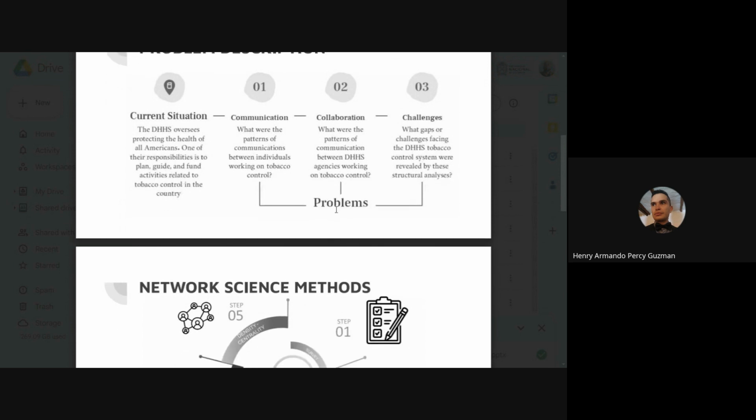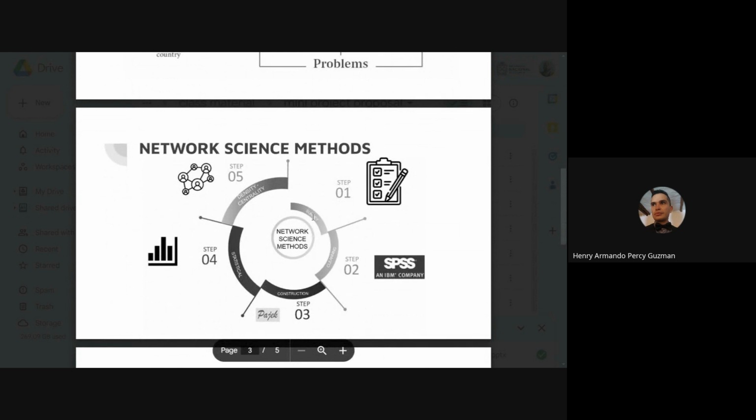So what were the methods used for the network in this case? The first step was to identify the agencies related to the DHHS. They identified 11 agencies from which they tried, using a survey, to get information on how communication between agencies works.